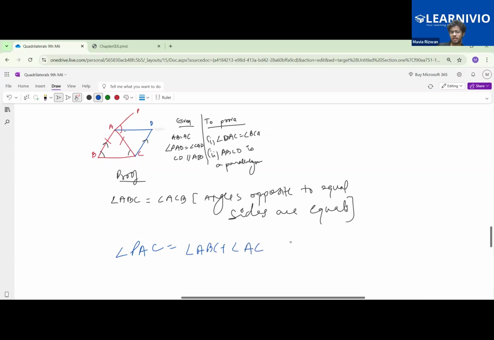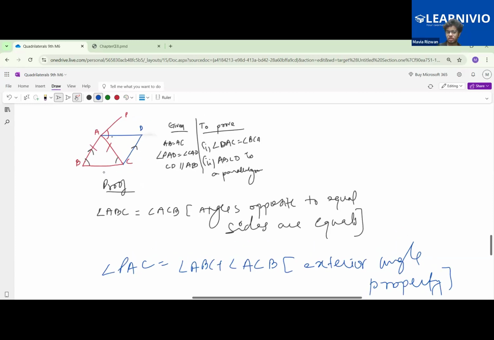The exterior angle property says that the exterior angle is equal to the sum of the opposite interior angles. Any doubts in this? No, sir. Okay. This angle is equal to the sum of this and this.